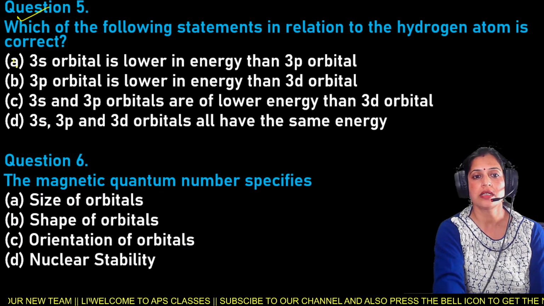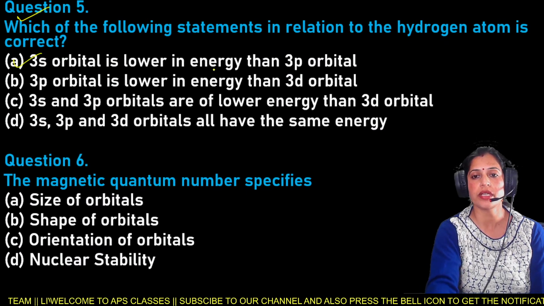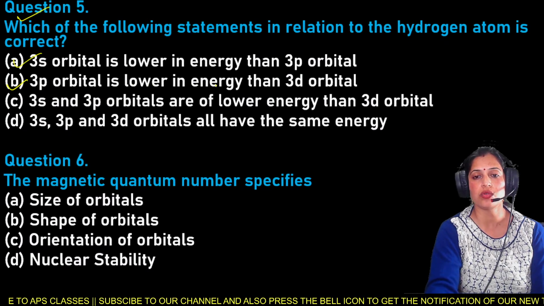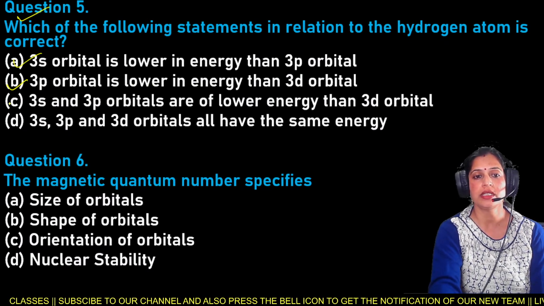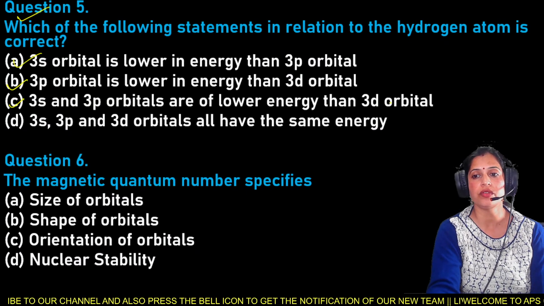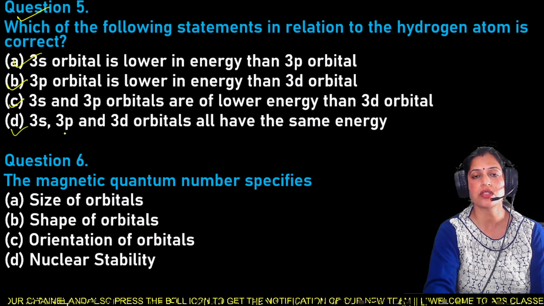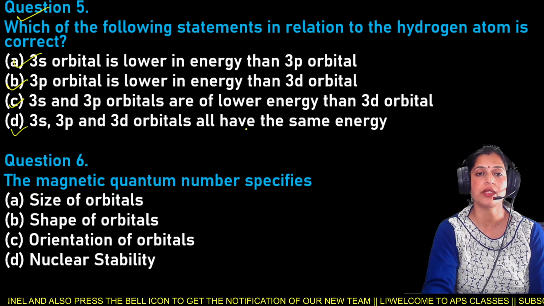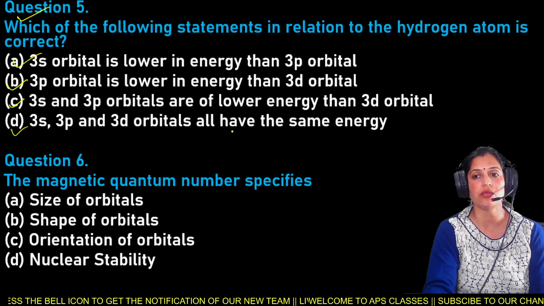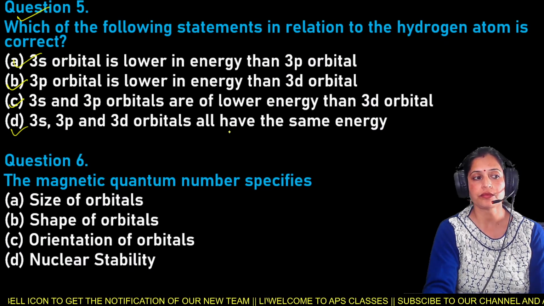Options are: 3s orbital is lower in energy than 3p orbital. 3p orbital is lower in energy than 3d orbital. 3s and 3p orbitals are of lower energy than 3d orbitals. And the last one is 3s, 3p and 3d orbitals will have the same energy.